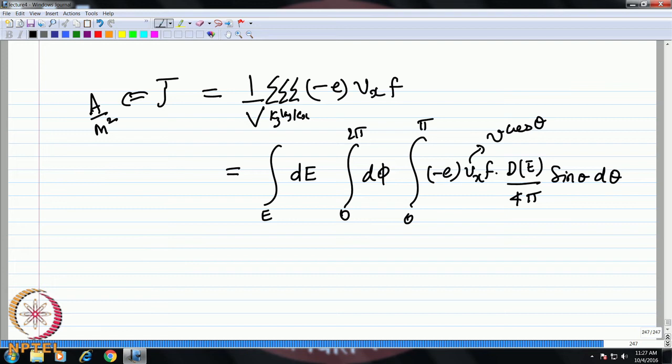So, now all we are going to do is what? We know the solution for G, which is nothing but F minus F equilibrium. We defined G as F minus F equilibrium, right?